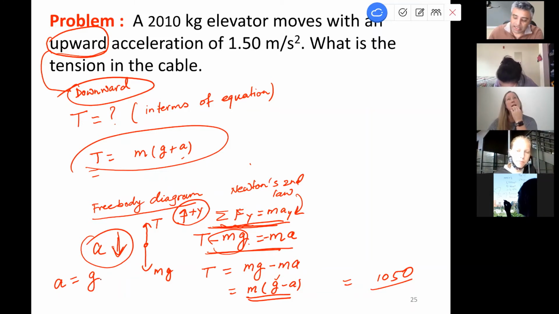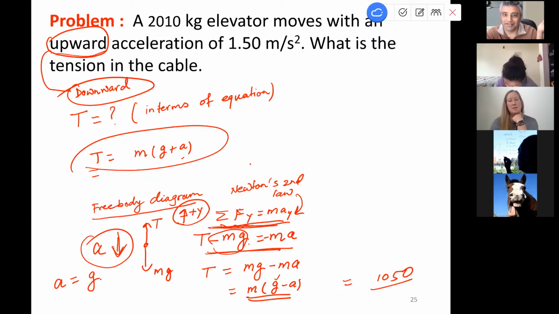First, let's not look at the equation. If the elevator is in free fall, what does that mean? There is no tension. Tension is zero, right? Somehow the rope got snapped, broken, right? So that's what happens. Now, let's look at it mathematically. When I plug in a equal to g here, this becomes g minus g, which is 0.